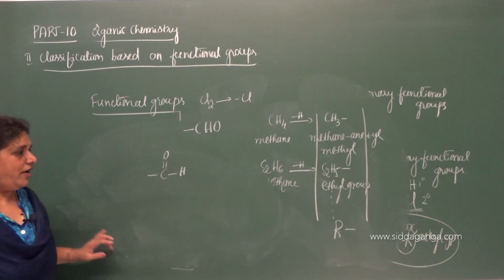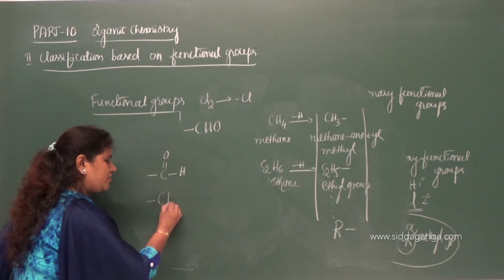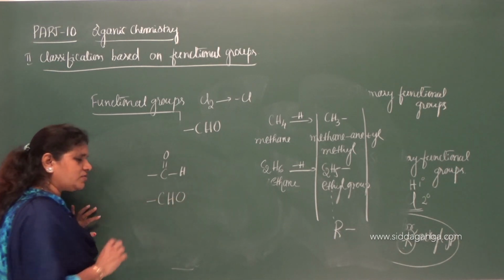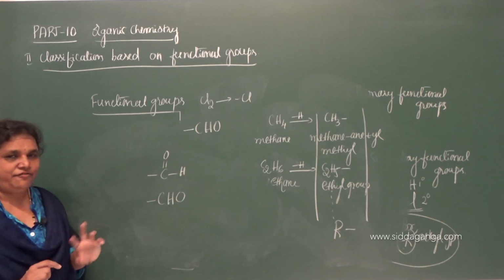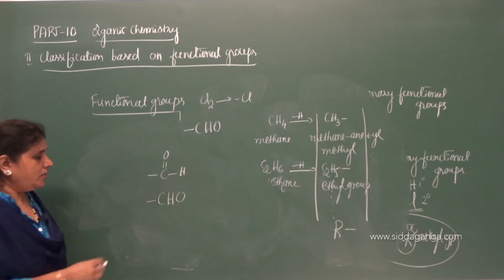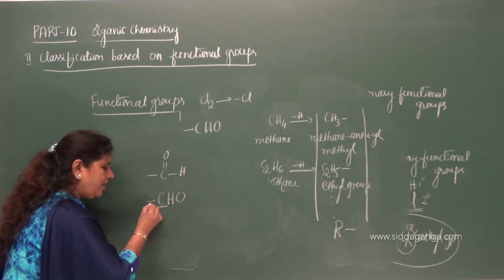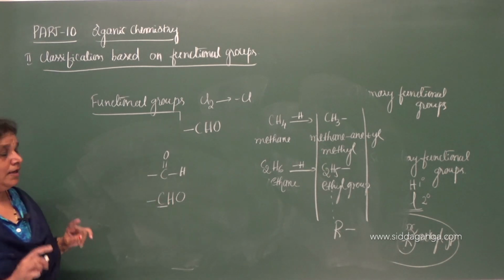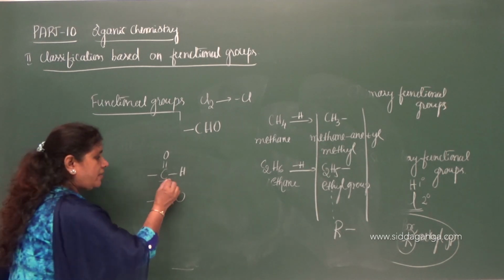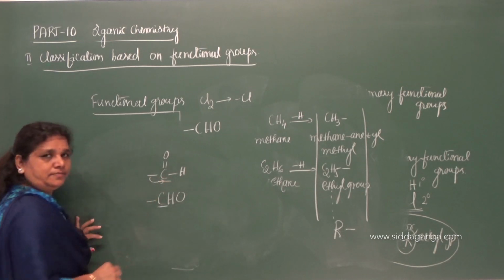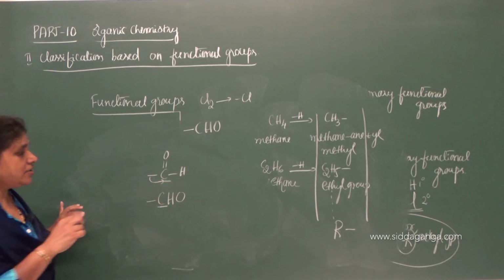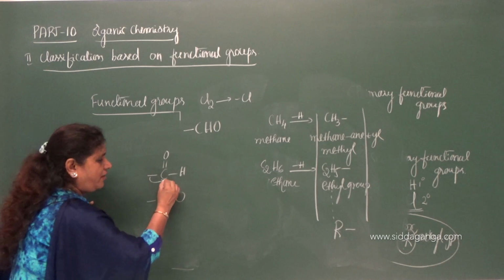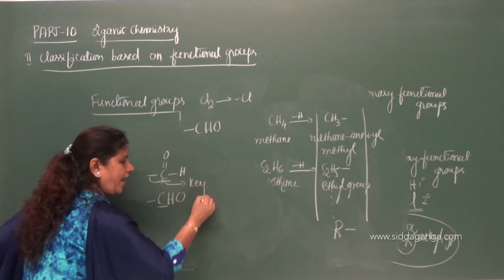So while writing the functional group, we use a hyphen before the group. The atom which comes immediately after the hyphen is called the key atom.